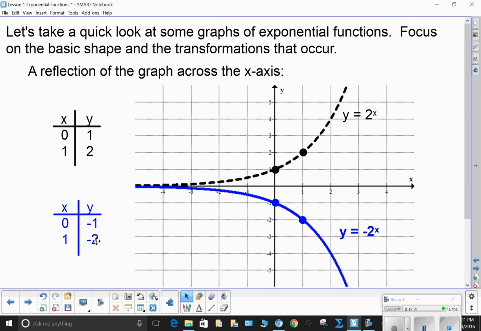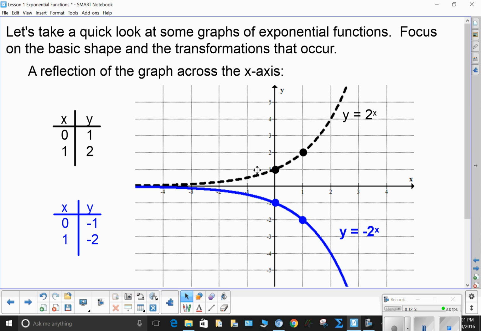Now, let's take a quick look at some graphs of exponential functions and focus on the basic shape and the transformations that occur. I'm going to use 2x because it just keeps the values small. Y equals 2x. 2 is going to be our standard base for this parent function. 2 to the 0 power is 1. 2 to the 1 is 2. 2 squared is 4. 2 to the negative 1 is 1/2.